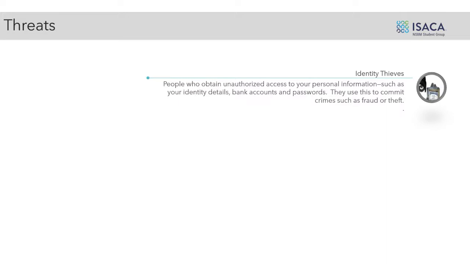One of the most common threats is impersonation: someone may pretend to be us and use our NIC details, our identification details, to access our accounts, bank details, and all these things. This is very common globally, and even in Sri Lanka.